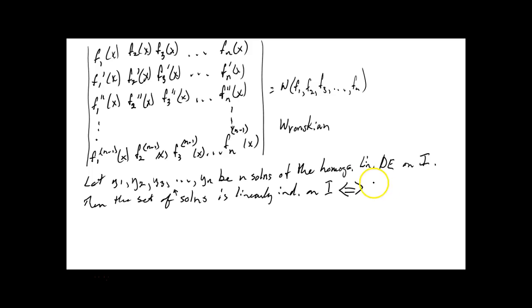If the Wronskian W of those functions y1, y2, y3, dot, dot, dot, up to and including y sub n, is not equal to 0, that's supposed to be a not equal sign, for every x in the interval. That's a lot of shorthand.